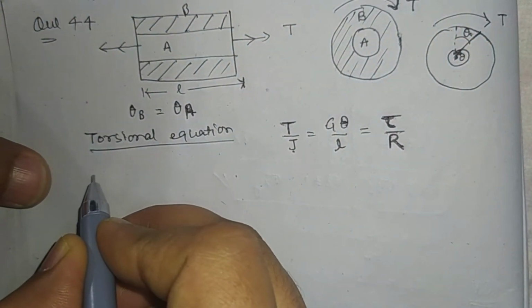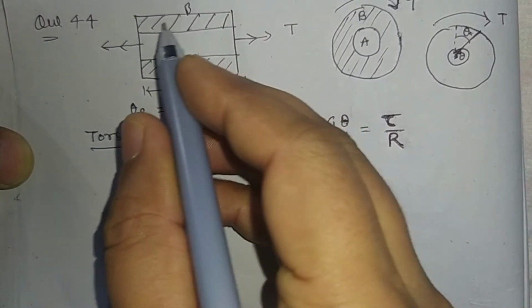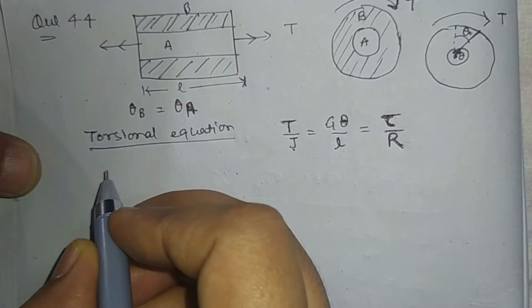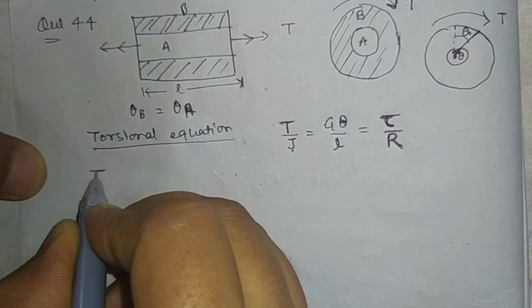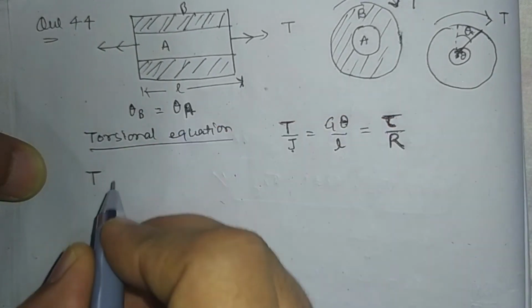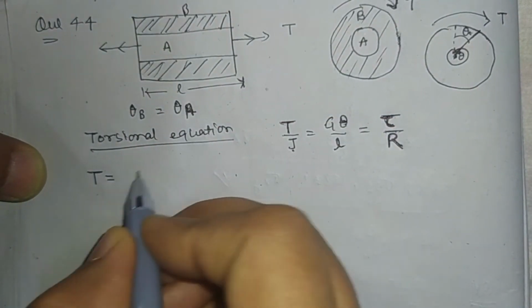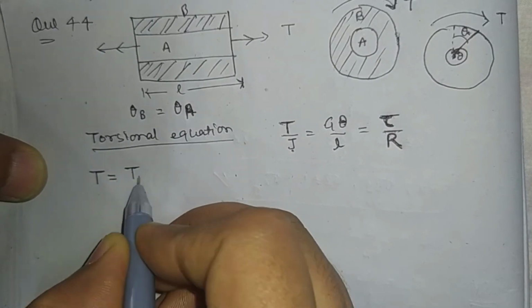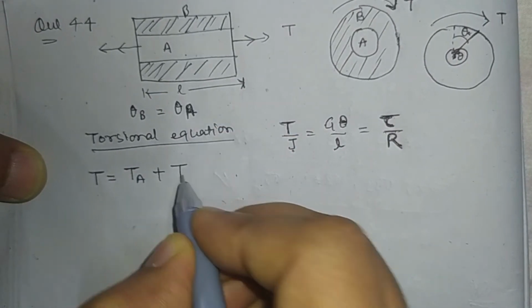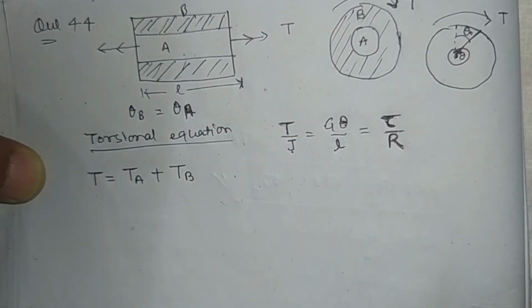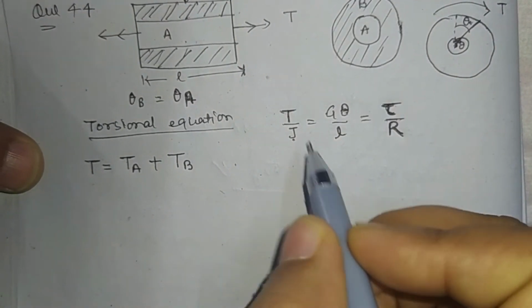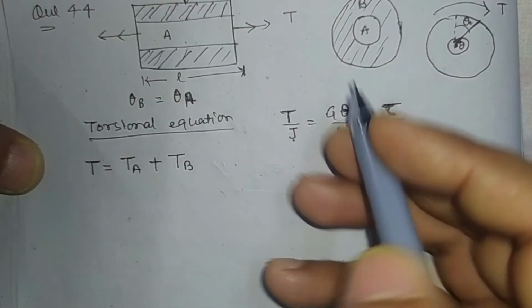So this is a case of parallel shafts. Here the torque is resisted by both materials. So the total torque which is resisted will be equal to TA, the torque resisted by material A, plus TB, the torque resisted by material B. We have to find the torsional stiffness for the composite shaft.